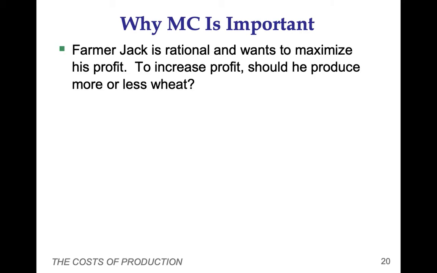To increase profit, should he produce more or less wheat? So Mr. Jack always thinks about maximizing his profits, and at each level of output he reaches, he always wonders: shall I produce more? Shall I produce less? Shall I produce one more unit or not?